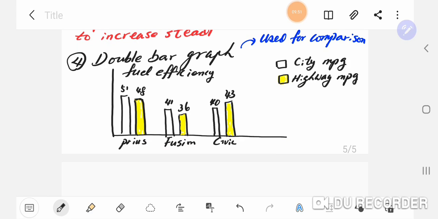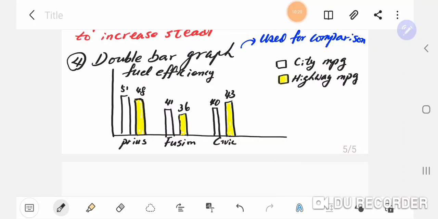So from this double bar graph, we can compare the difference between highway and city fuel efficiency in this case. There are many types of graphs. Based on the graph, we can interpret the data, analyze it, and explain how the data looks.